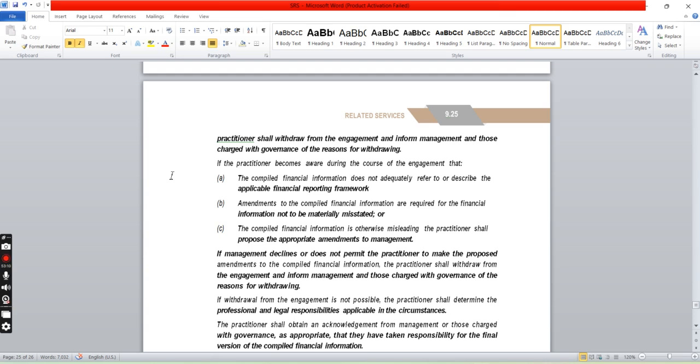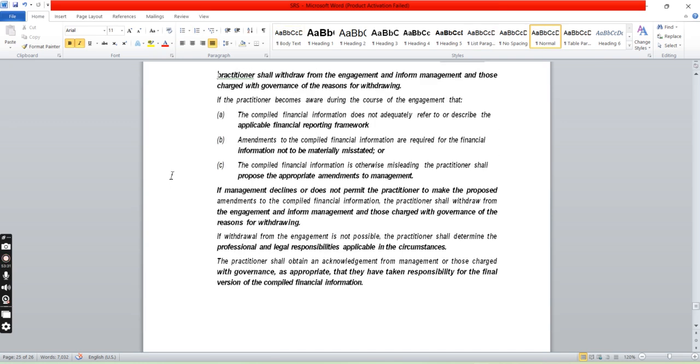If the practitioner becomes aware during the course of the engagement that the compiled financial information does not adequately refer to or describe the applicable financial reporting framework, or amendments to the compiled financial information are required for the financial information not to be materially misstated, or the compiled financial information is otherwise misleading, the practitioner shall propose the appropriate amendments to management.